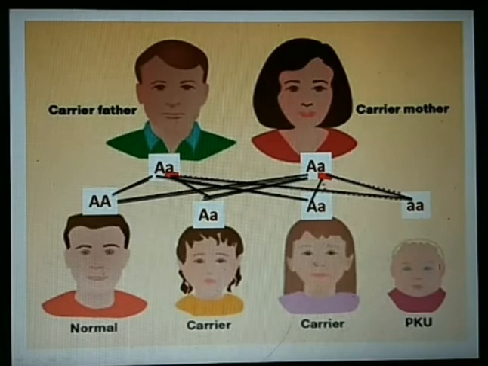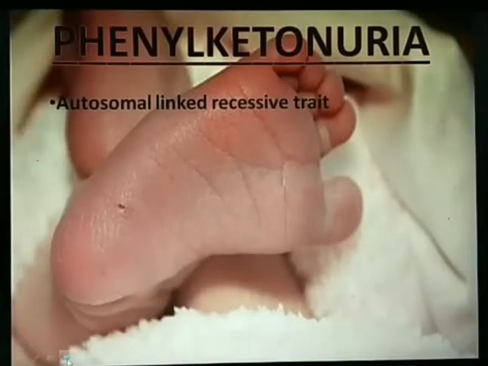Therefore, one of the offspring will express this trait when both the recessive alleles are present. So, phenylketonuria is an autosomal linked recessive trait.